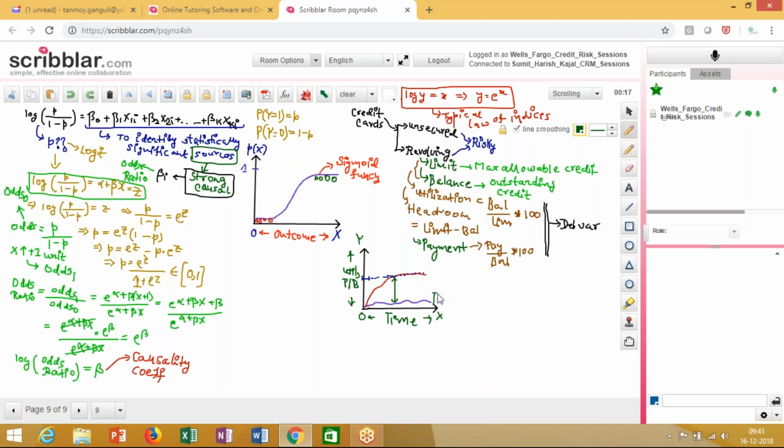So this is his P by B curve, the blue curve, and the red is his utilization, right? So when you see that there is a gap and that the utilization has been consistently higher than the payment balance ratio, you know that this guy is a guy who has a lower willingness to pay.